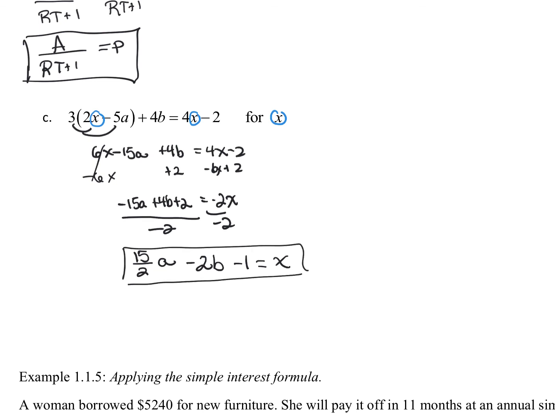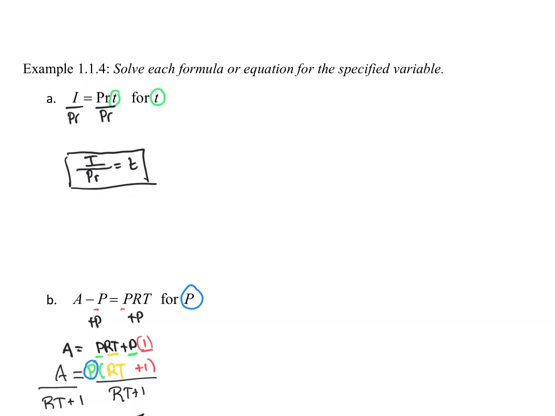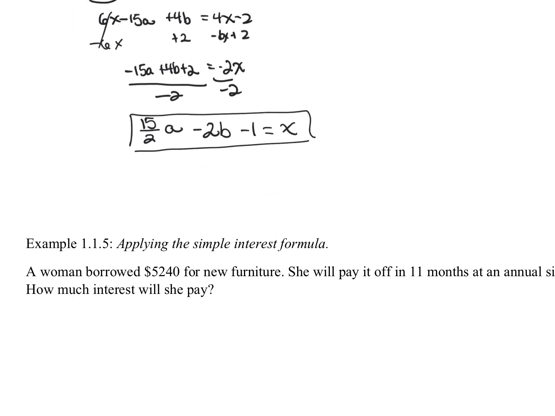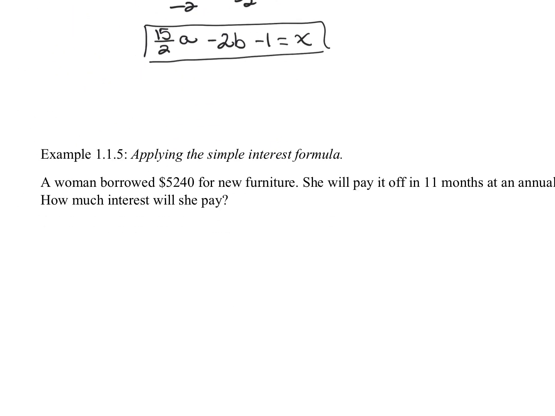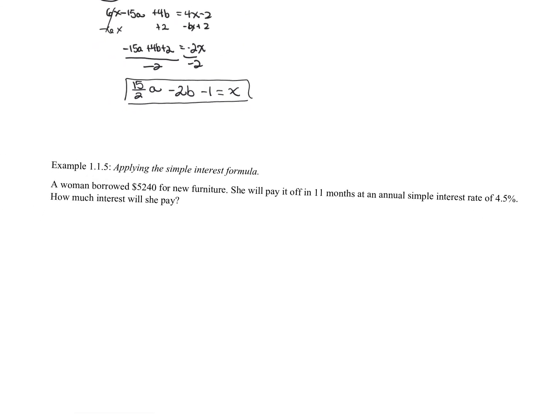This first equation that we did is the equation for simple interest, which we're about to use down here at the bottom. First of all, if it says in the problem anywhere that they are talking about simple interest, the formula you want to use is I equals PRT.